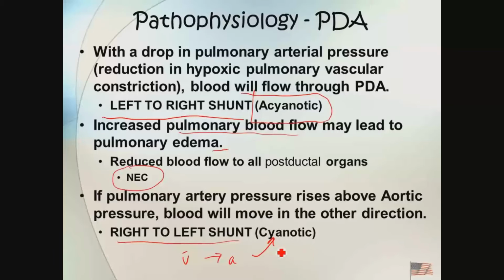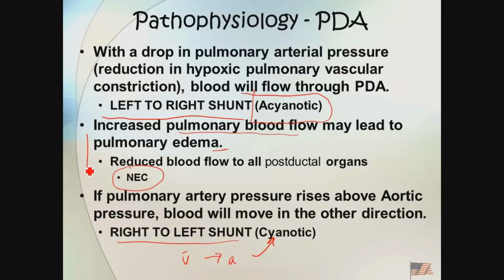Usually the left to right is going to close off really quick. And under ordinary conditions, you don't have this increased blood flow for very long. Okay, but potentially it can happen.